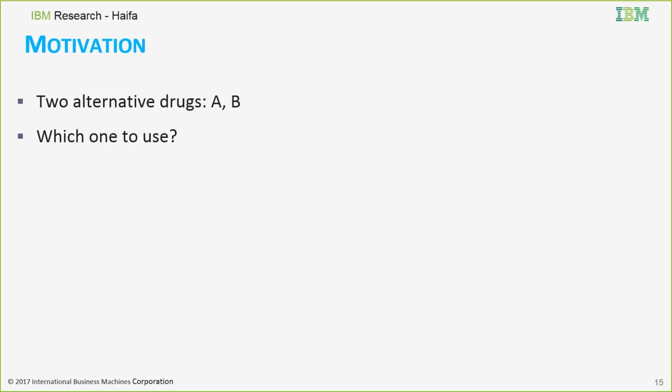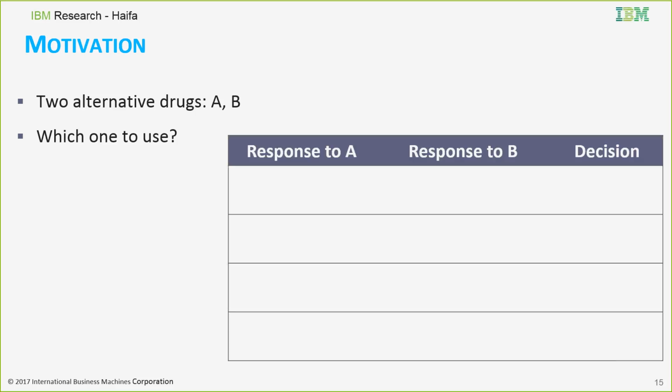So here we have 2 different drugs we consider for patients, and we are not sure which one to use, right? So there's a few scenarios. One is that both drugs would be useful for the patient, and the second one both wouldn't do any good for the patient.